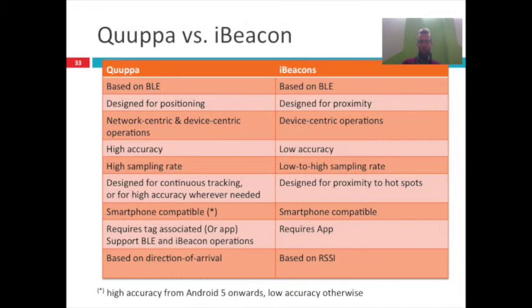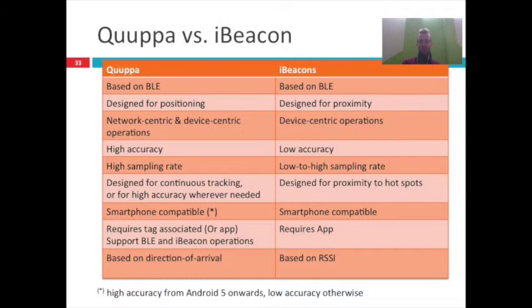Kupa supports network-centric and device-centric operations, meaning that the actual estimate of a position can be done on the server or on the client side, and by client here we mean the smartphone. Whereas with iBeacons, you can actually estimate the position only on the smartphone.